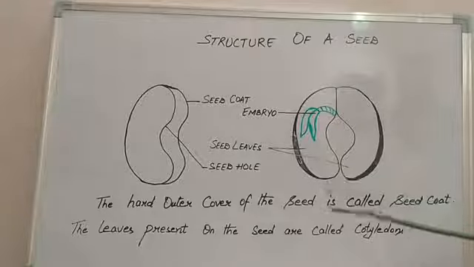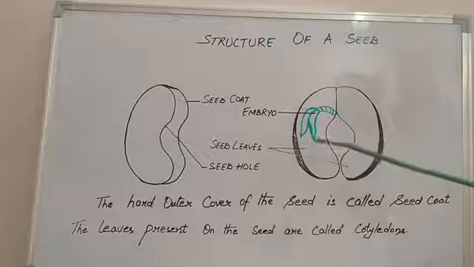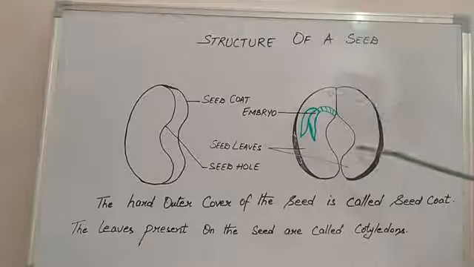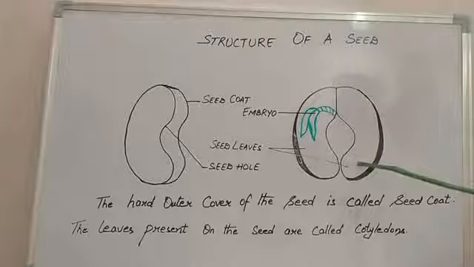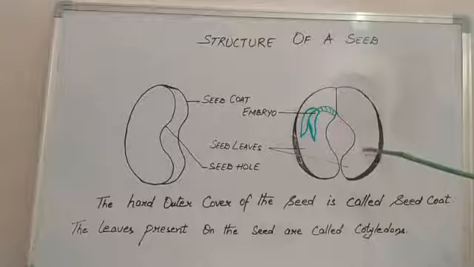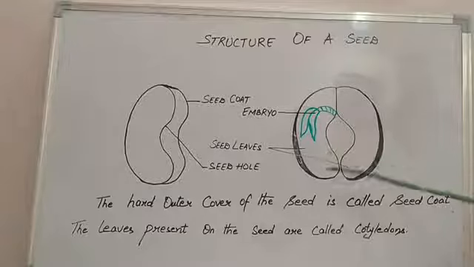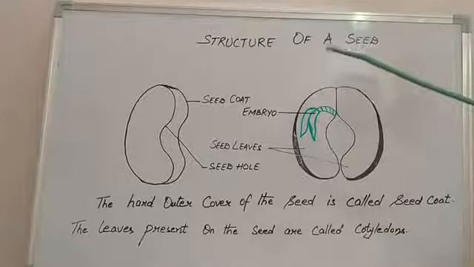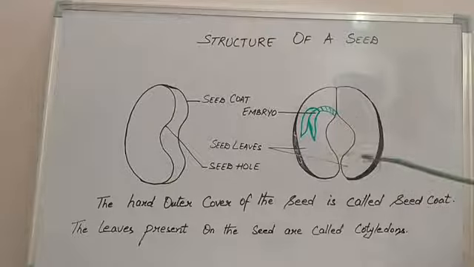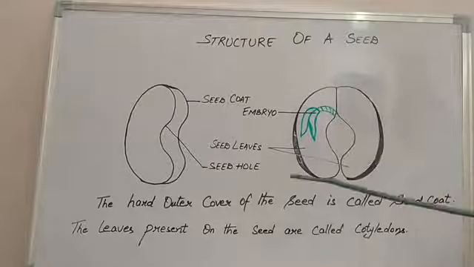Usually seeds have one cotyledon or two cotyledons. The baby plant uses this food till it grows its own root and leaves. Once the food in the cotyledon is used, the cotyledon shrinks and falls off.